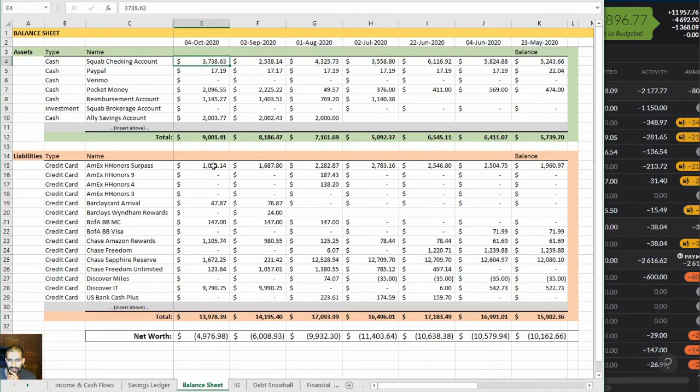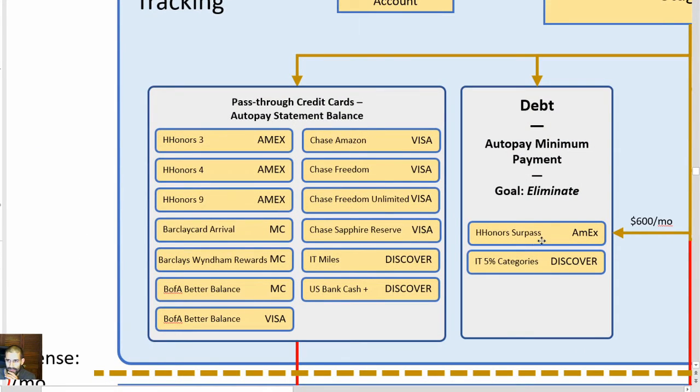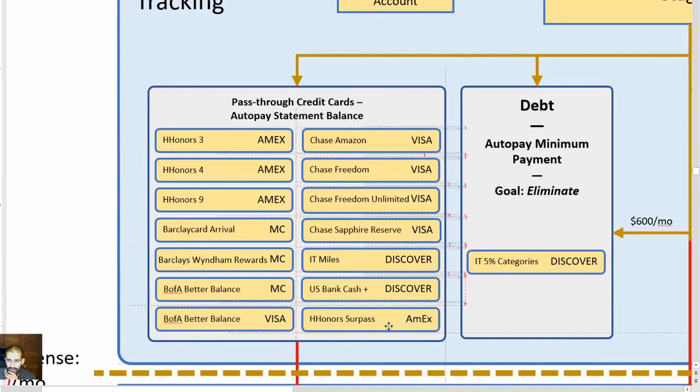But I don't need it. So that's what I'm going to do. I'm going to set this to auto pay the statement balance. So next month, that's just going to be gone. So you just move that over here. It's not in the right position because the other Hilton cards are over there.